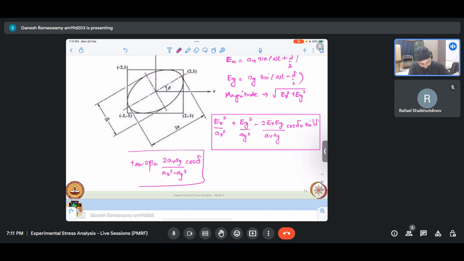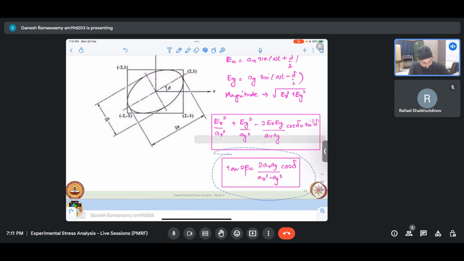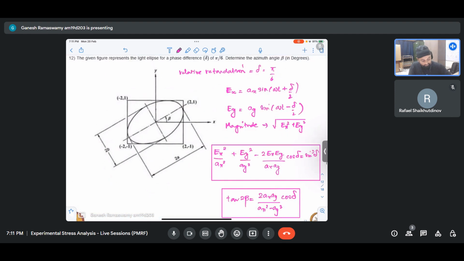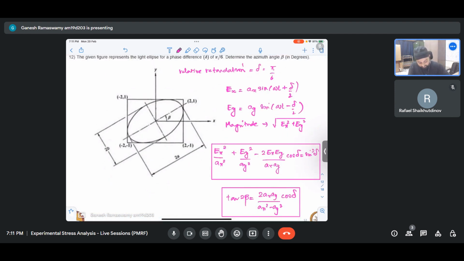So this is the key. Now our idea is to find out what the azimuth of this light ellipse is given these quantities. Now we have been given delta, and these represent nothing but Ax and Ay.